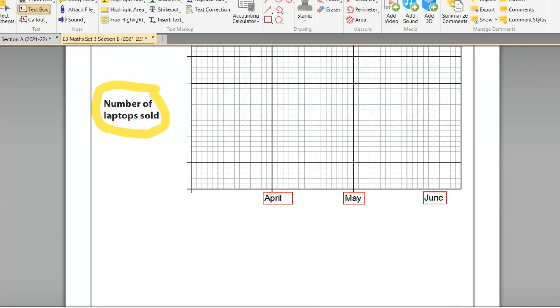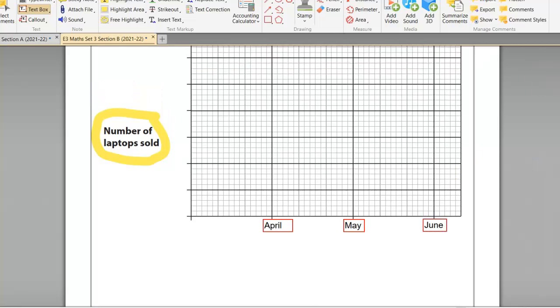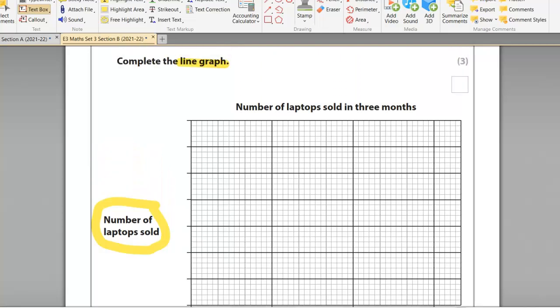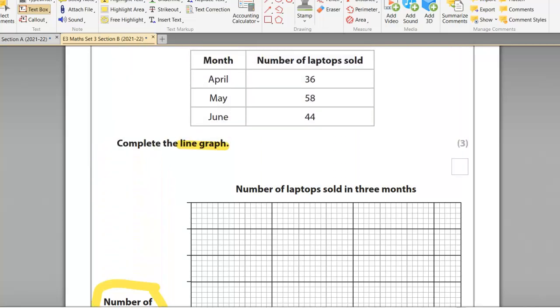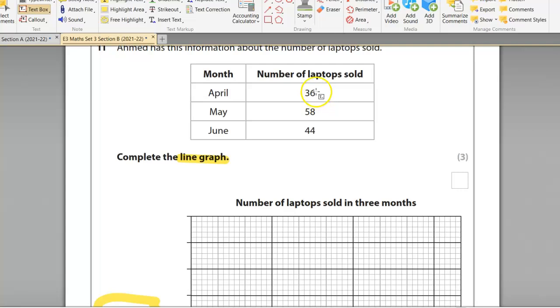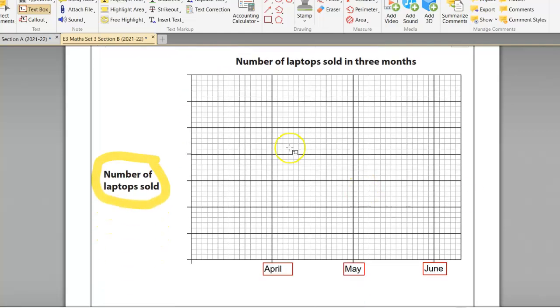Because then what we're going to do is with the numbers, so we've got to choose the numbers now. So when we look at the numbers, 30 something, 50 something, 40 something. So what it makes most sense to do is when we put the numbers here, let's just go up in, what can we go up in?